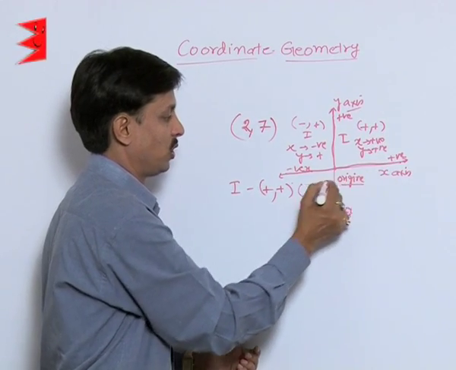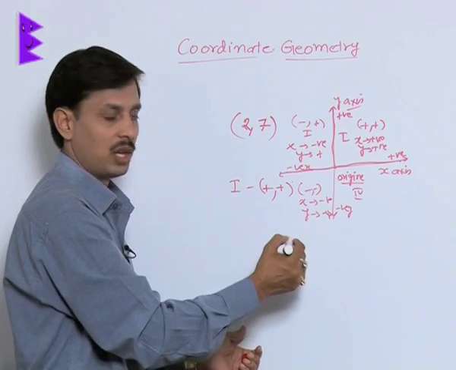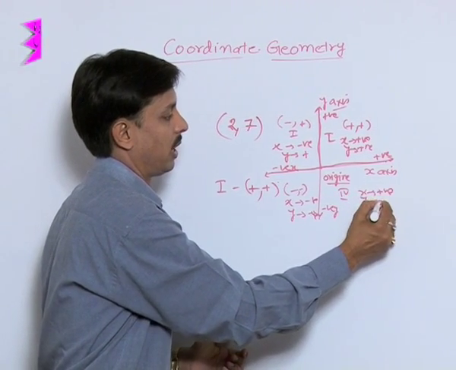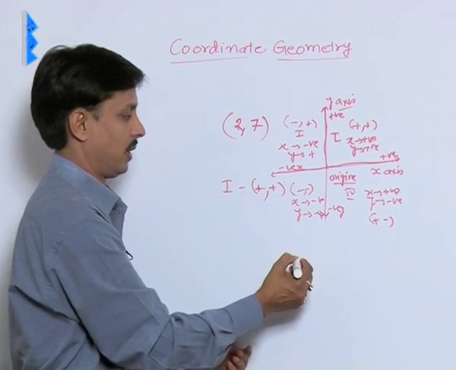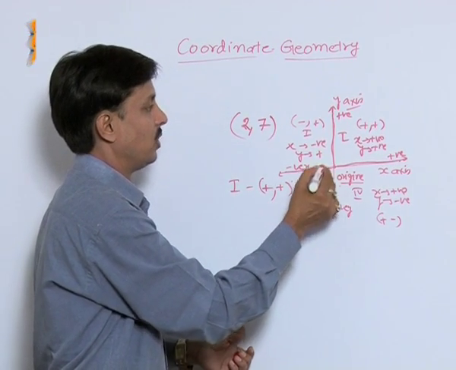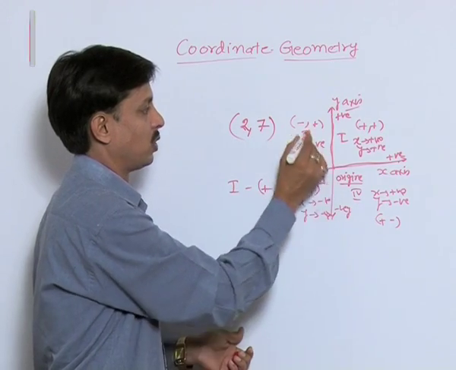This is the third quadrant. But this portion, known as the fourth quadrant, is the combination of positive x and negative y, so this is positive, negative. This is negative, negative, third quadrant. This is the second quadrant, where we find negative, positive.